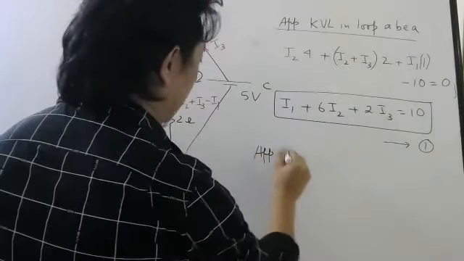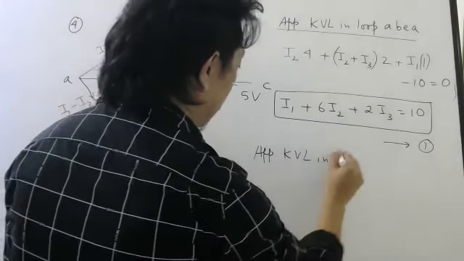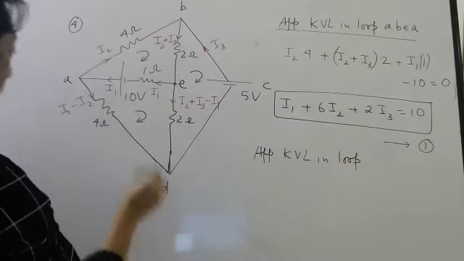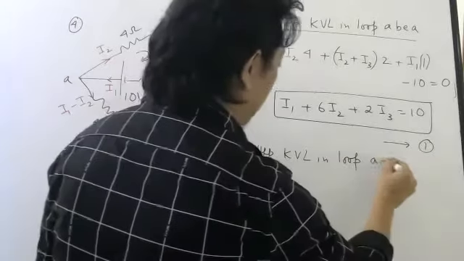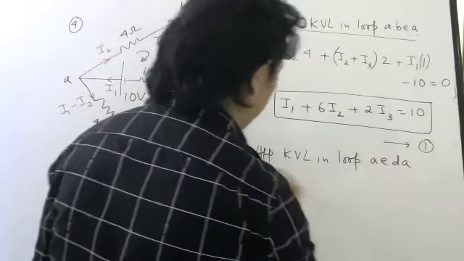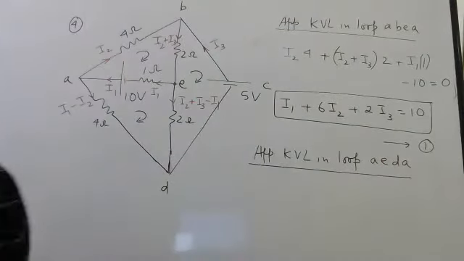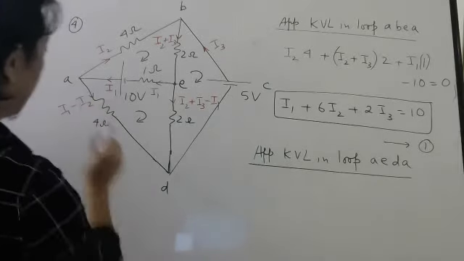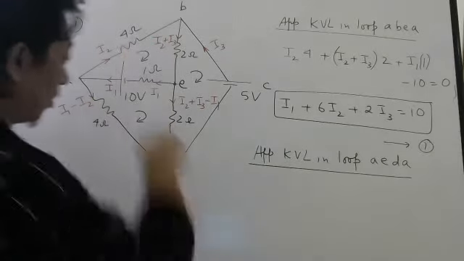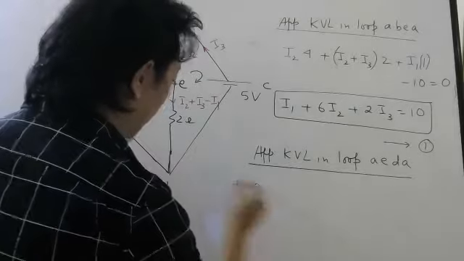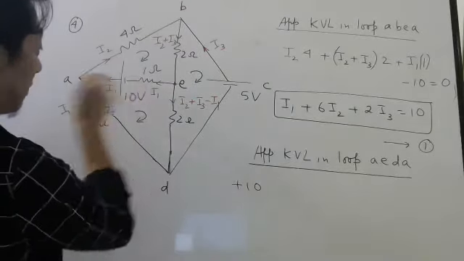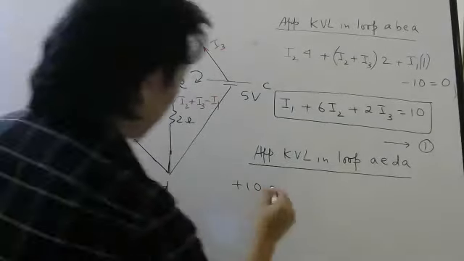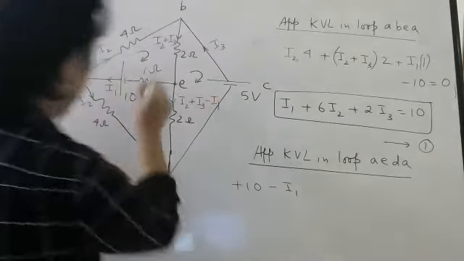So apply KVL in loop AEDA. It's a very good exercise for your brain. Like this I'm going. So plus to minus drop, so the battery's voltage will be plus. Against the current, here I'm going this way, remember, so opposite to current: minus I1 into 1 ohm.